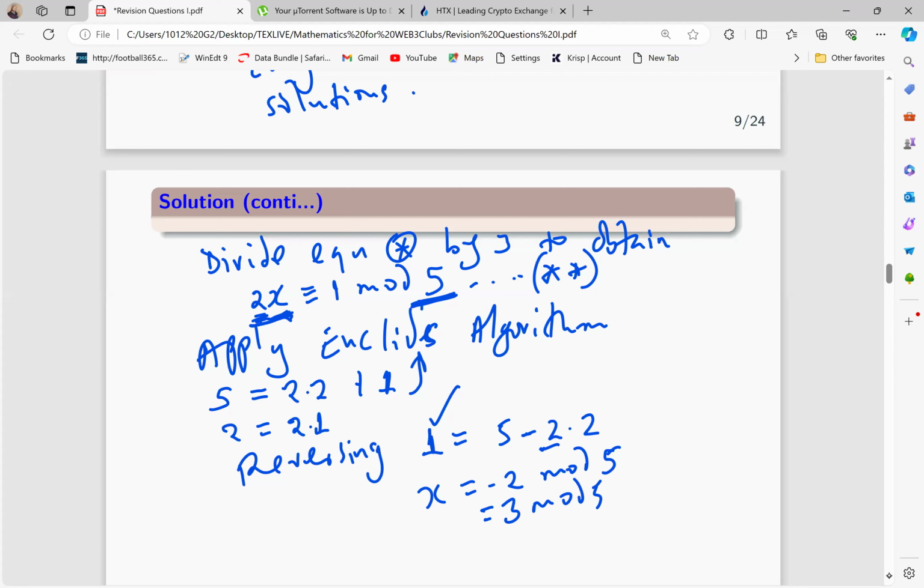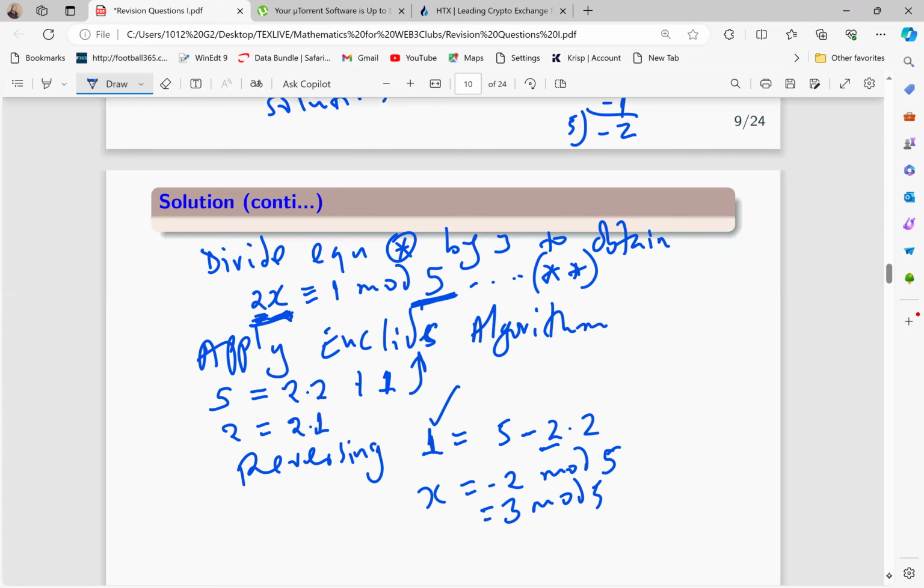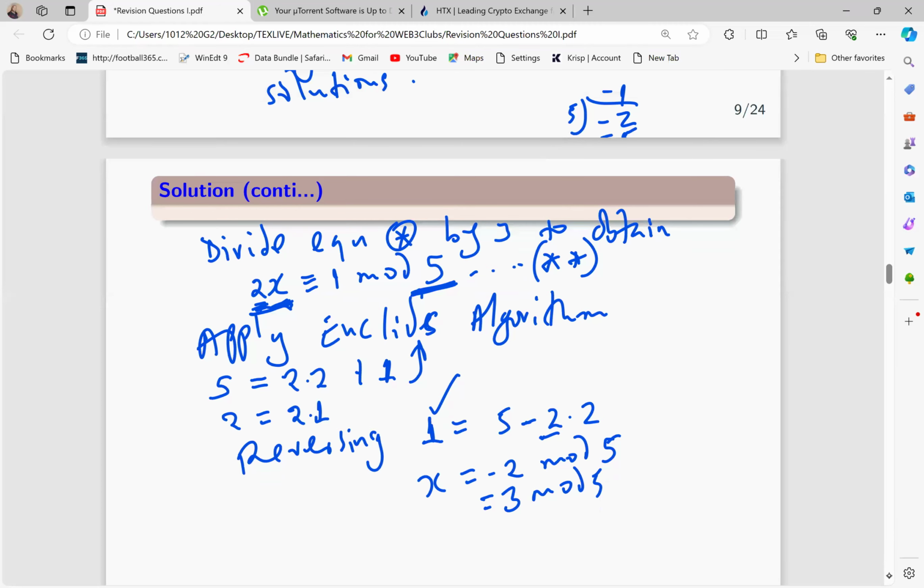So if 5 were to go into negative 2, it goes negative 1 times, that will give us negative 5. When you subtract, you have 3. What I said last time, just add this number to this and get the number here.